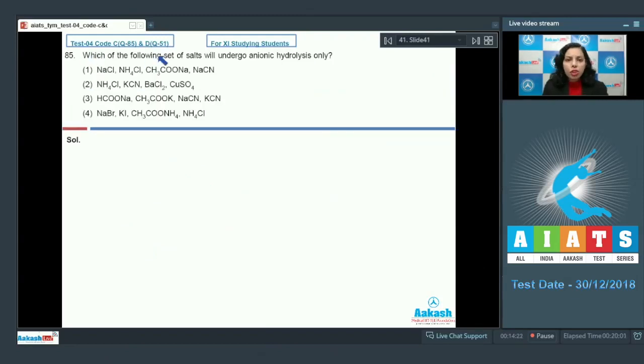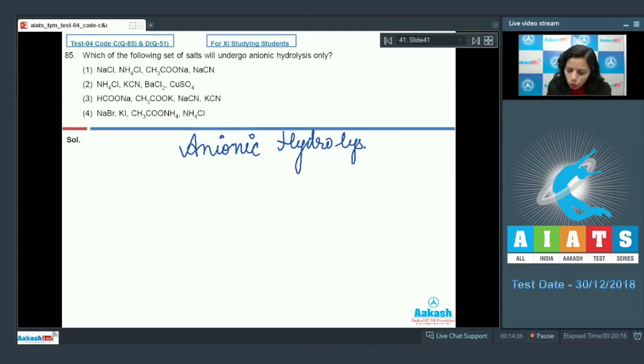Now it's the turn for question number 85. Which of the following sets of salts will undergo anionic hydrolysis only? If we talk about anionic hydrolysis, all those salts which are formed by the combination of a strong base and a weak acid will undergo anionic hydrolysis.